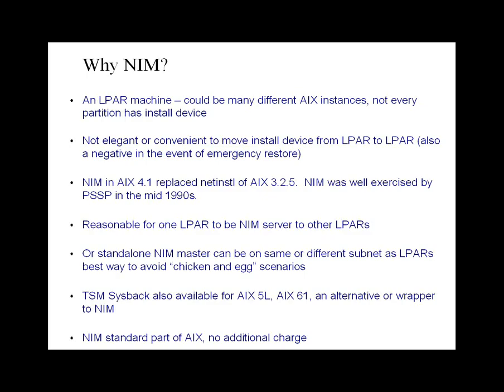As an example of that, I like to NIM install VIO servers. But my NIM master is fully virtualized. It's over 2 VIO servers. I can't really install a VIO server from a NIM master that depends on the VIO resources, right? So one or the other, right, chicken or egg.